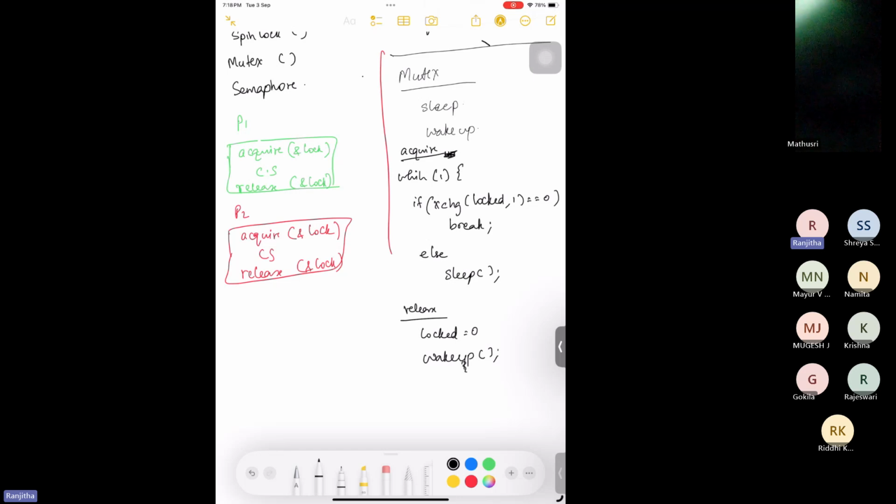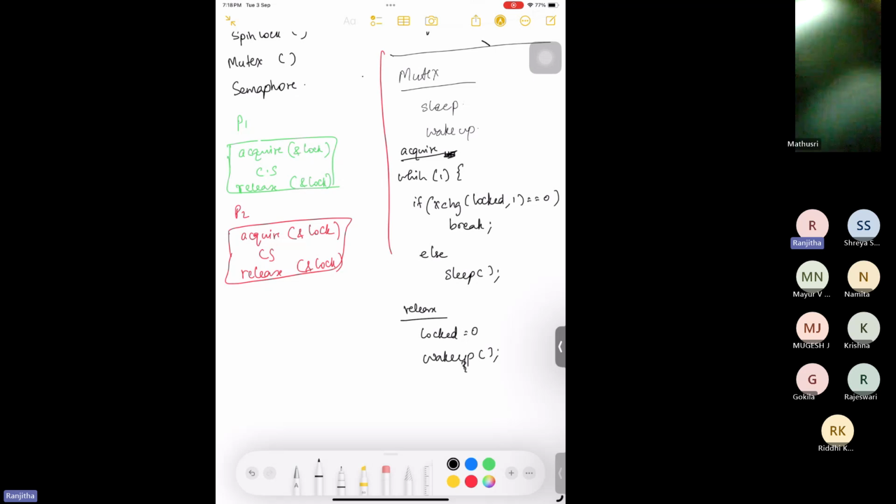It's similar to spin lock. The same primitives are used, but instead of waiting and checking whether the lock has been released, the process will block itself and go to sleep. Then when the lock is released, a wake up will be issued.